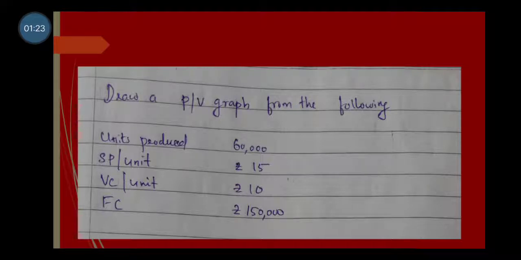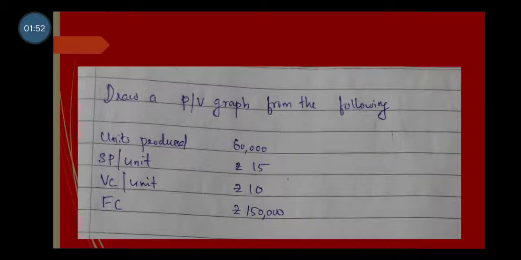So what is a profit volume graph? A PV graph is a simplified form of break-even chart which shows the relationship between profit and volume of sales. It means profit or loss at different levels of sales can be seen directly from the profit volume graph. In a break-even chart, we have to draw the total cost line, total sales line, fixed cost line, and all these things.